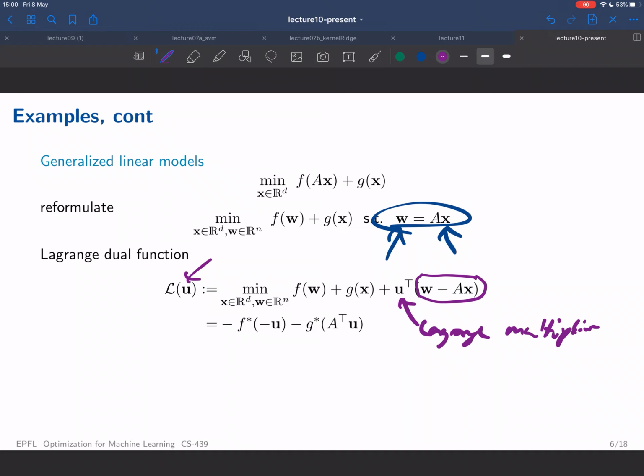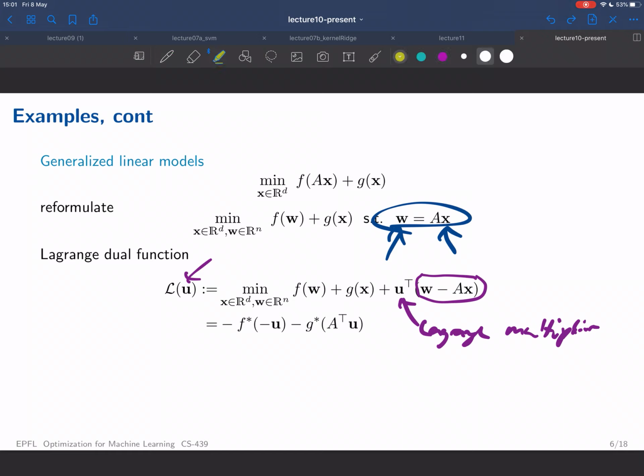We're still minimizing over x and w, because that's what we originally wanted to do. And the interesting thing is, because we have this linear form now, just by looking at this expression you see that what's written here are exactly the conjugates of f and g. That's quite convenient.